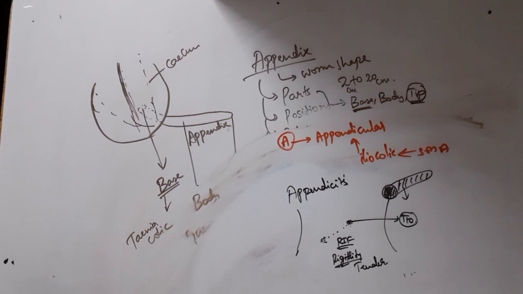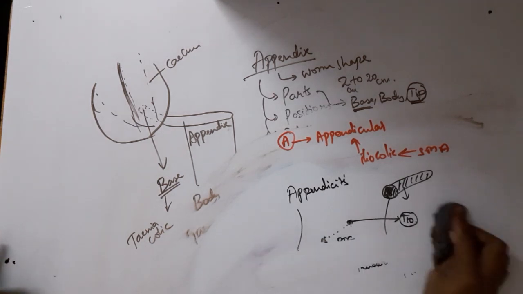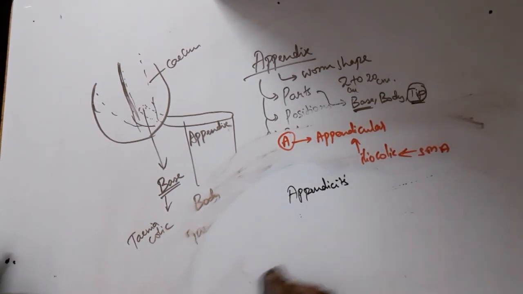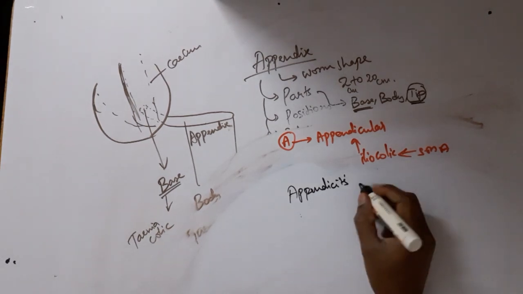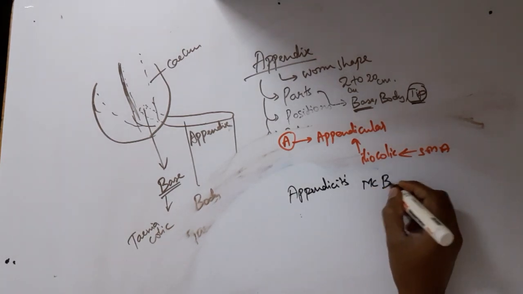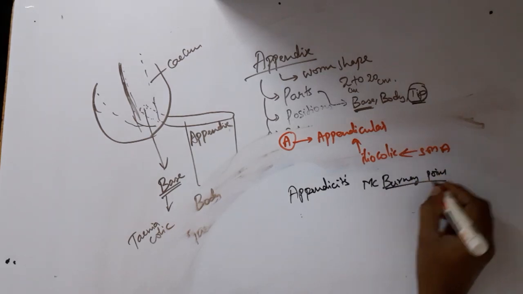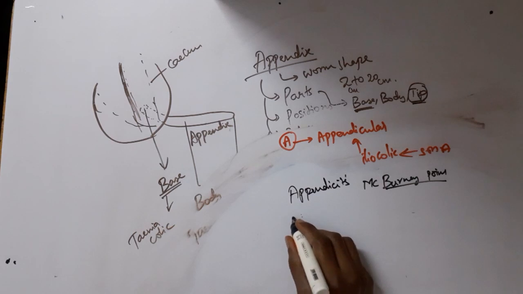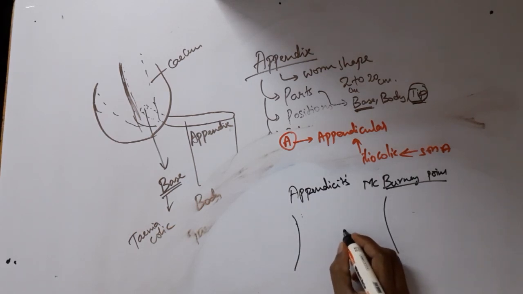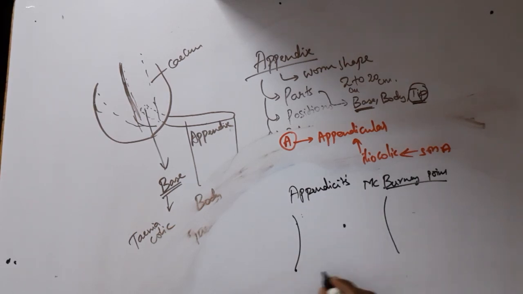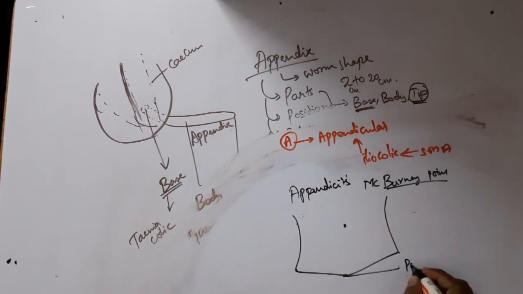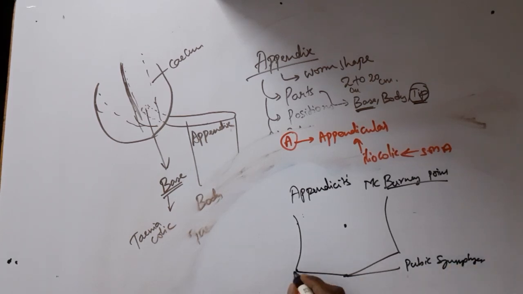Here you need to know one more important point, which is McBurney's point. This is an important question. What is McBurney's point? Suppose this is your abdomen, this is the umbilical region, this is the pubic symphysis, and this is the anterior superior iliac spine.